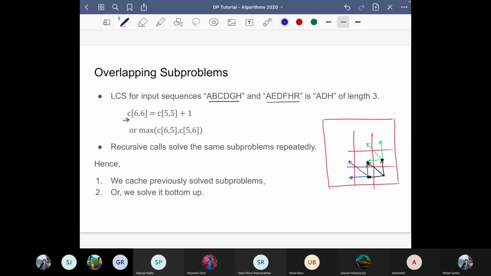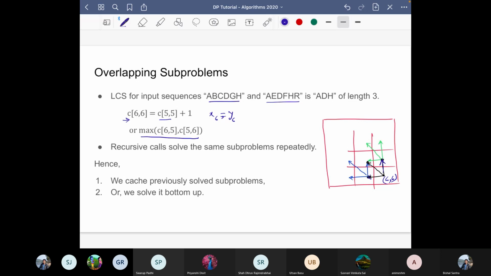In the recursive call, it will give C5,5 plus 1 if X6 and Y6 are equal. And if that is not the case, it will be the max of C6,5 or C5,6. So this cell is trying to look at the cell on the top, the corner cell behind it, and the leftward cell. Right, so this particular cell is asking for these three cells.